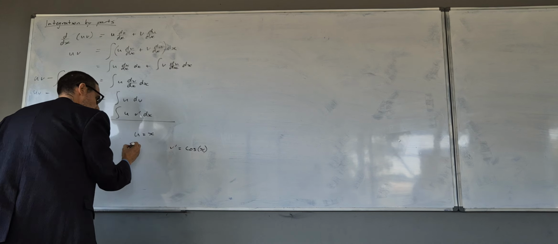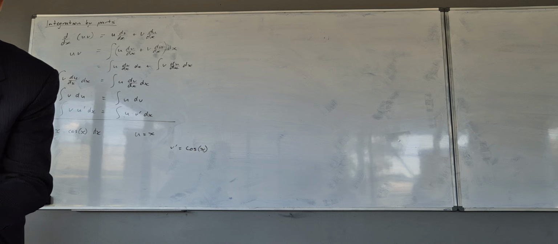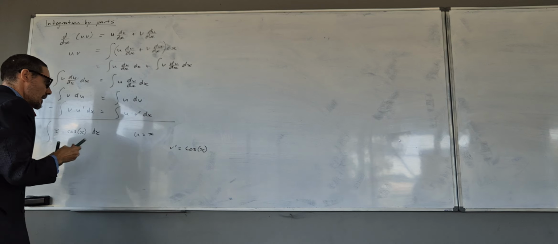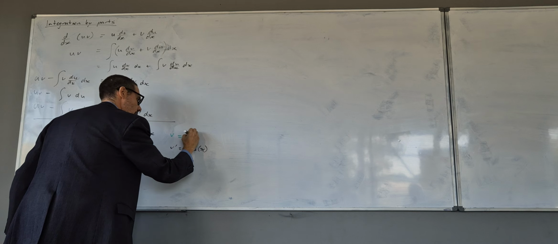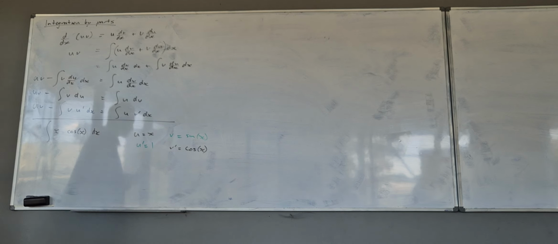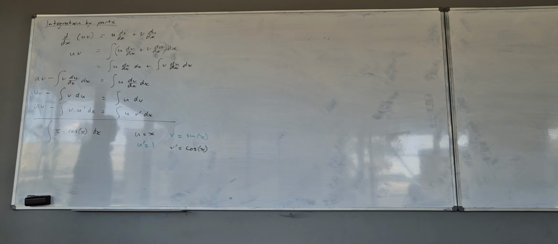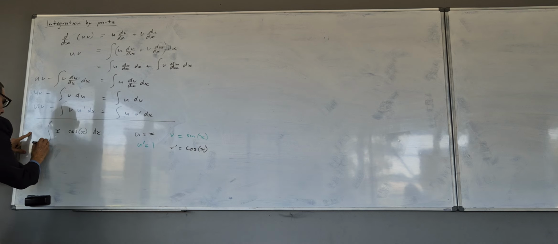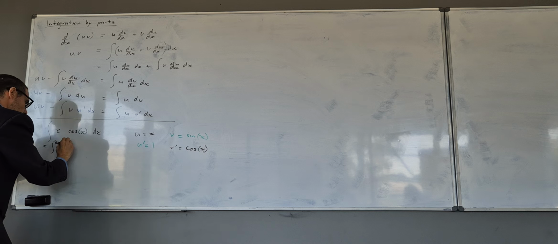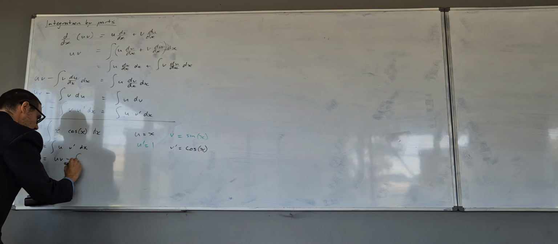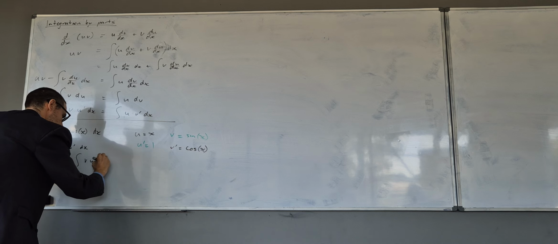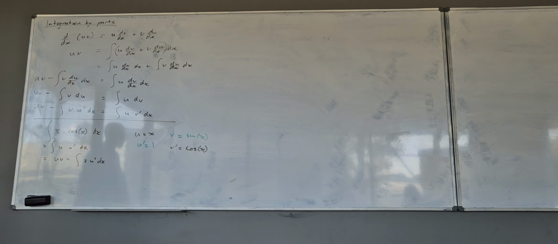So then we're going to go, maybe I'll use a different colour for that. That means u dashed is 1 and v is sine x. So this, in terms of my u and v, is integral of u v dashed dx, which means it's uv minus the integral of v u dashed dx. Just apply my integration by parts.